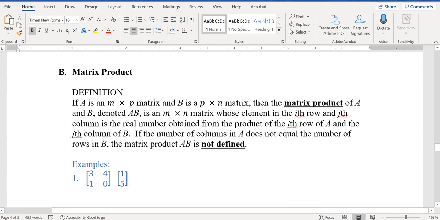Now let's go look at the product of two matrices. And this time we're not going to specify a row matrix times a column matrix.